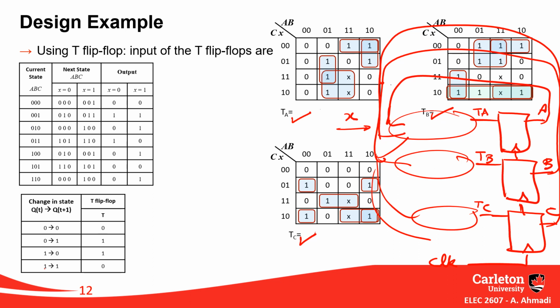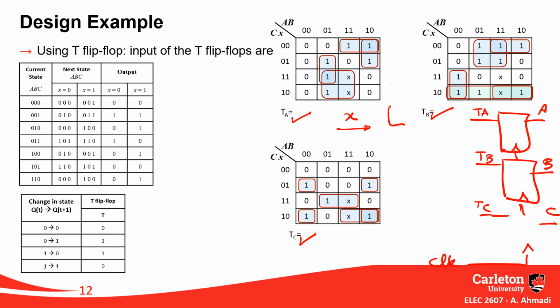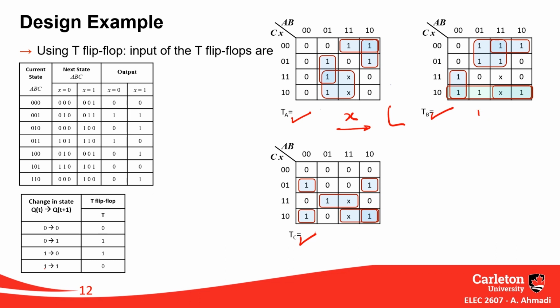That will make your circuit. That will be your design using T flip-flop. I suggest you do that and make sure you can do this down to the last step and you can design your sequential circuit using T flip-flops.